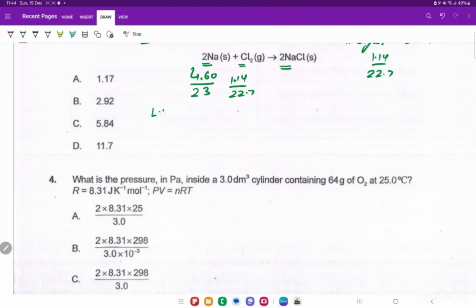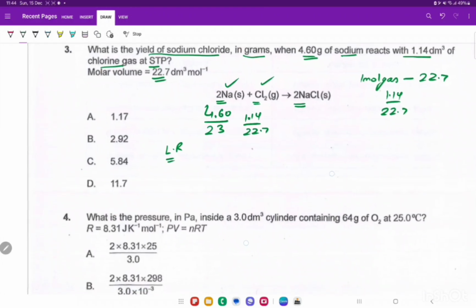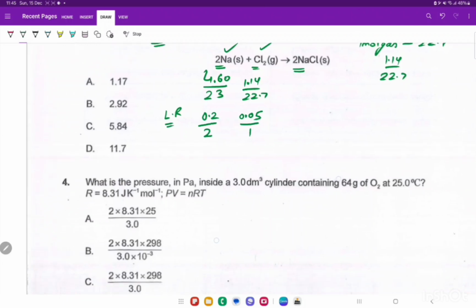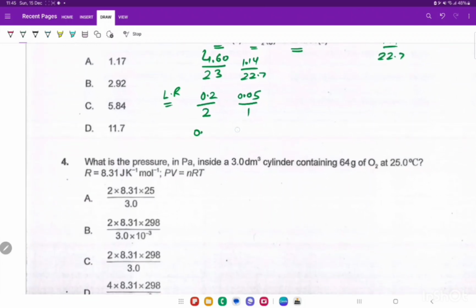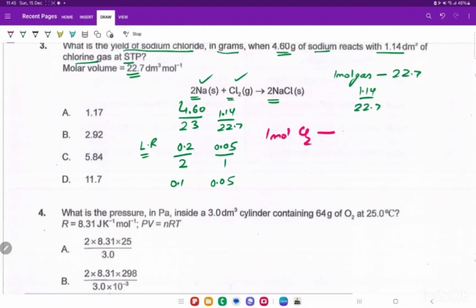Now, I want to find the limiting reagent, LR. Why am I finding a limiting reagent here? Because for both reactants I have the masses or the moles. For sodium, 4.60 upon 23 is 0.2, divided by 2, which is 0.1. For chlorine, 1.14 divided by 22.7 is 0.05, divided by 1, which is 0.05. It means chlorine is my LR. According to this equation, 1 mole of Cl2 gives me 2 moles of NaCl.